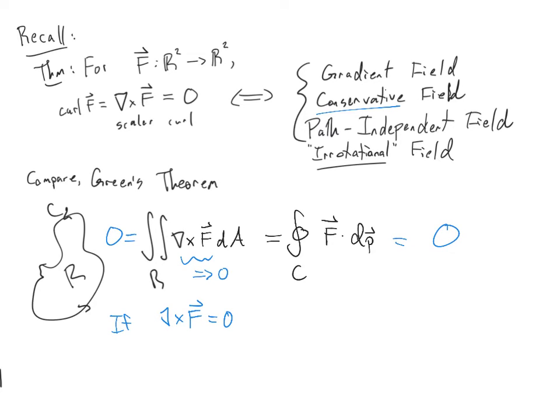So Green's theorem implies the theorem above, at least in the conservative case. And if you remember that a conservative field is the same as a gradient field, you can know that it's gradient and path independent and so on.